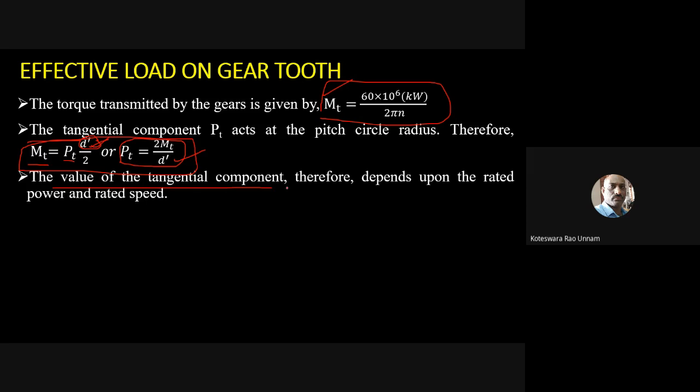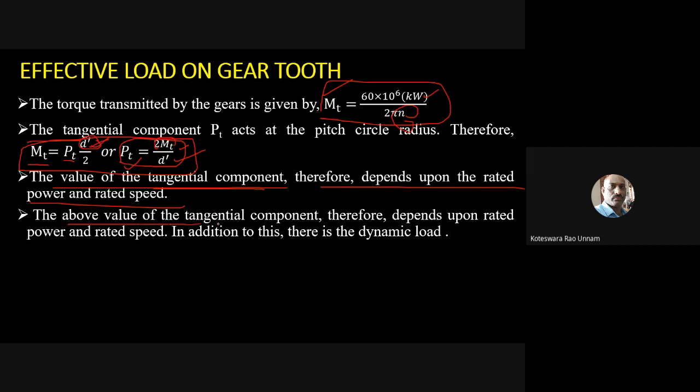The value of the tangential component therefore depends upon the rated power and rated speed. So this M depends upon power and N, and therefore your PT will also depend upon M, the rated speed as well as the rated power.